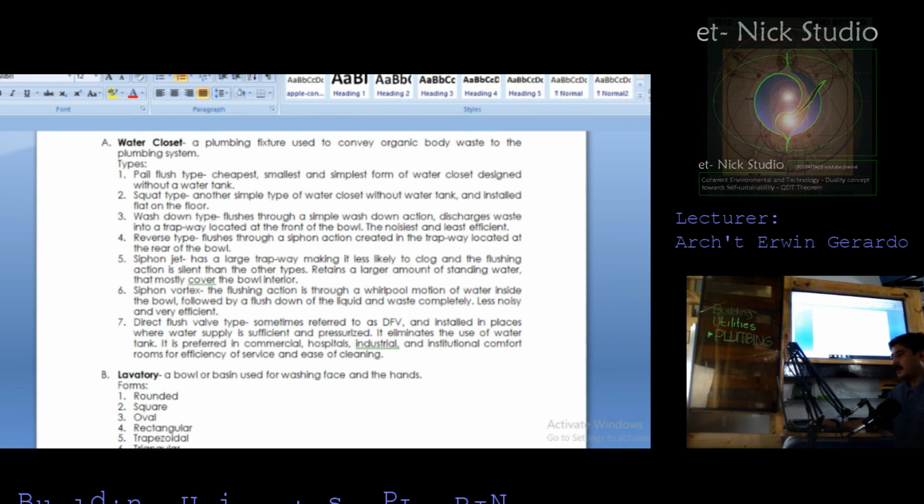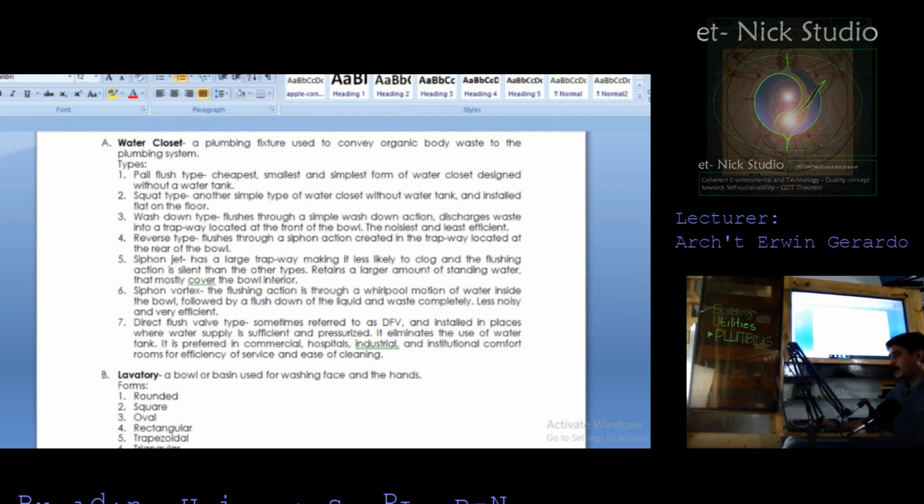The squat type, another simple type of water closet without water tank and installed flat on the floor. The washdown type flushes through a simple washdown action. It discharges waste into a trap located at the front of a bowl.